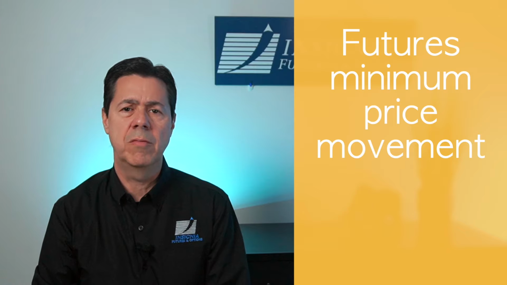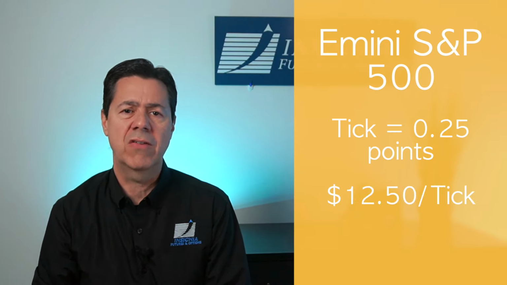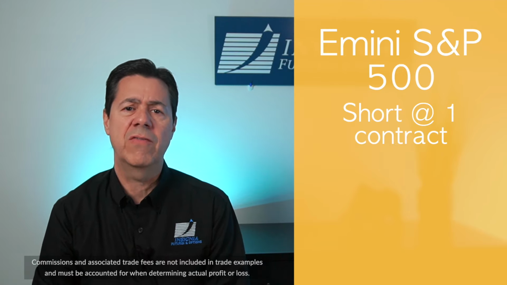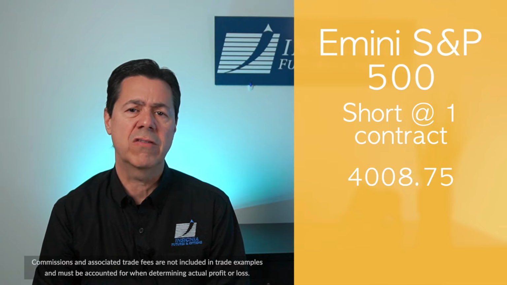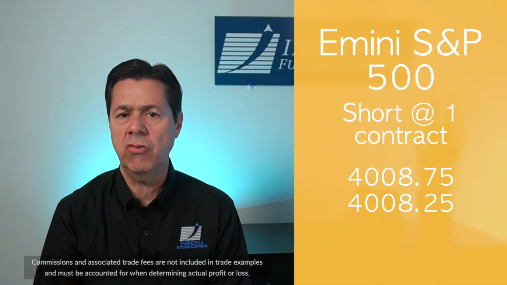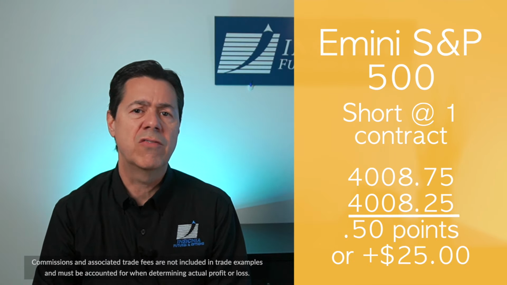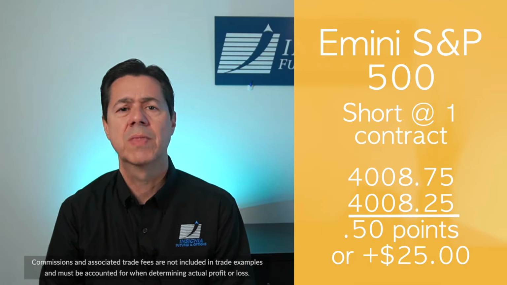Another point to remember is that each futures contract has a minimum price movement. This is known as a tick. The E-mini S&P 500 futures contract has a minimum price movement of 0.25 points. This equates to $12.50. If you were to go short one E-mini S&P 500 futures contract at 4,008.75 and the market moved down to 4,008.25, you would be up $25 or 0.50 points on your trade.